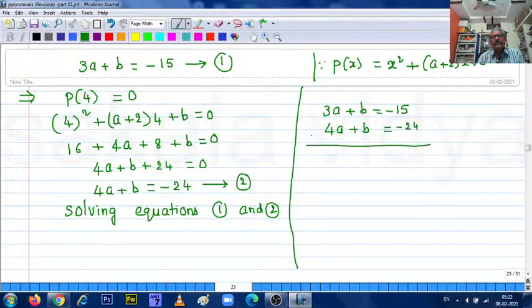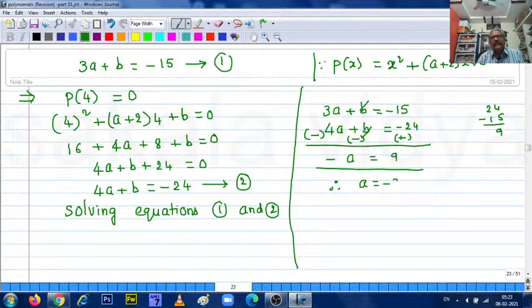Subtract. If you subtract, plus changes to minus, minus changes to plus. B gets cancelled. Minus 4a plus 3a, minus a equals to 24 minus 15. 24 minus 15 is 9. But multiply minus 1 on both sides. So a equals to negative 9.